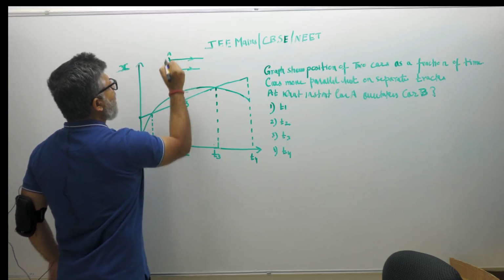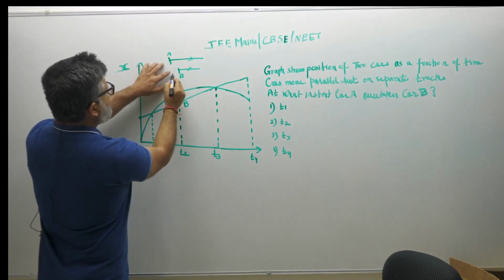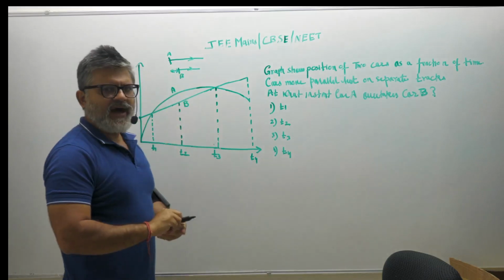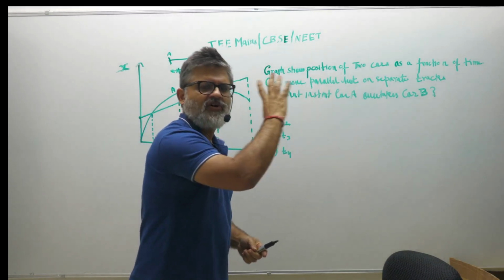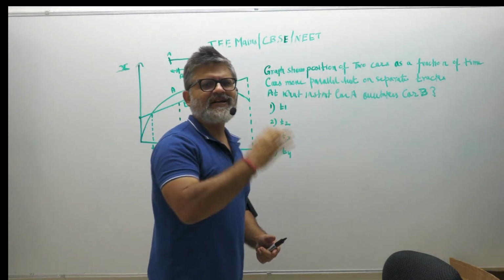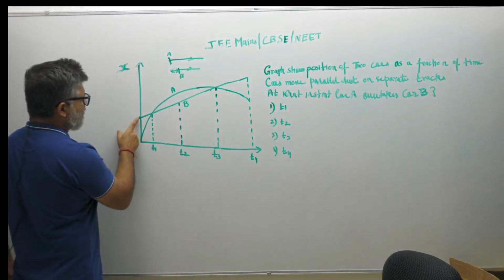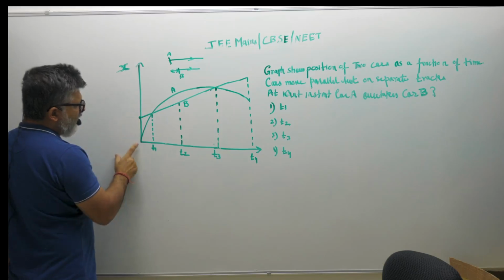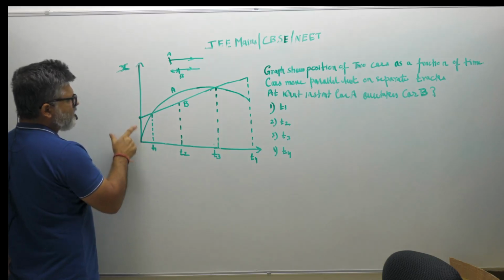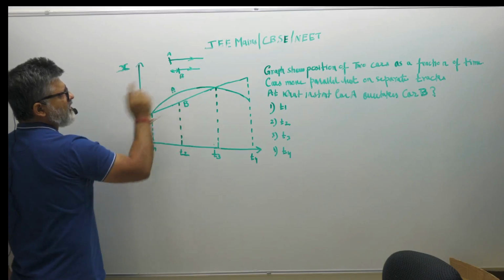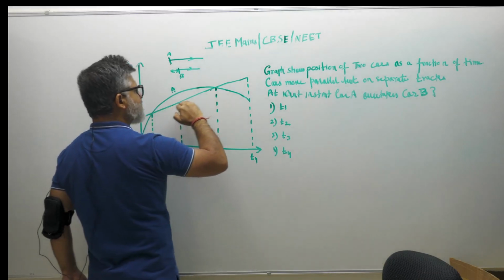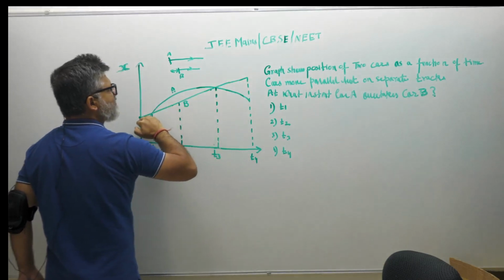It has an advantage. Some positional difference is already there. Car B is already ahead of car A at the start of the motion. That is one thing I could read, because you can see car B is starting from some position, and for car A the position is 0. It's already ahead.